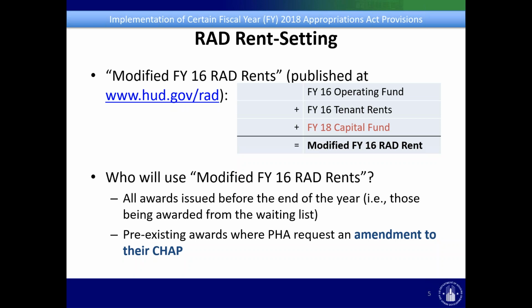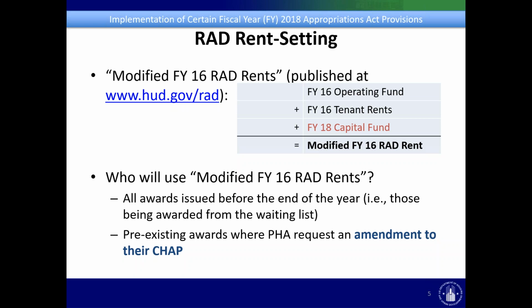But the operating fund, which is one of the important pieces of the RAD rent, is not available until the end of the fiscal year. So what we did is we developed what we call modified FY16 RAD rents, which we published on our website.